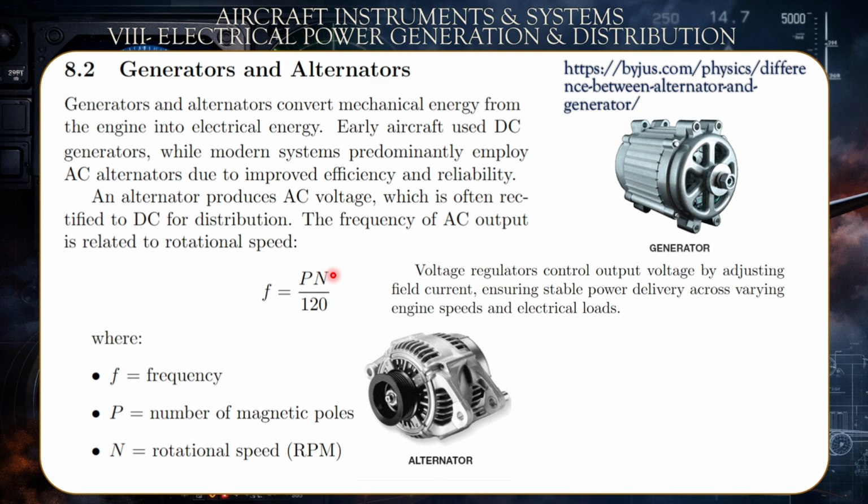Voltage regulators control the output voltage by adjusting field current, ensuring stable power delivery, because we cannot have a fluctuation of the current being delivered to different instruments in avionics. It ensures stable power delivery across varying engine speeds and electrical loads.